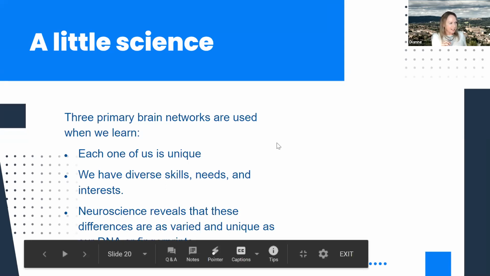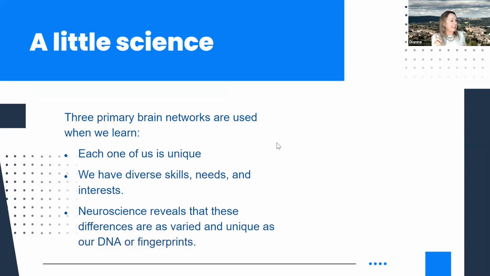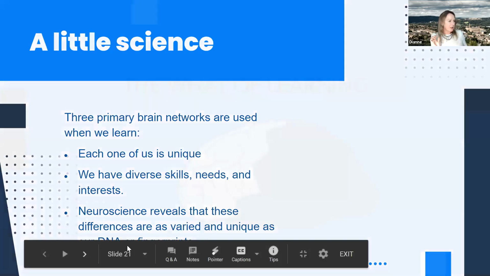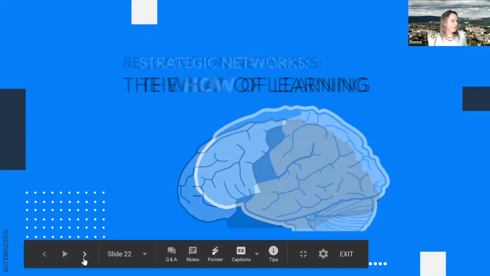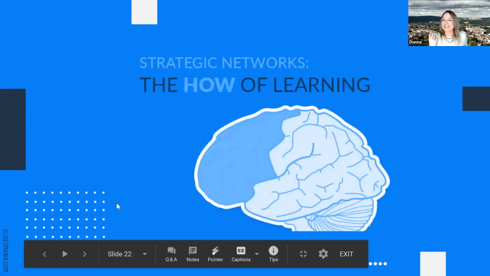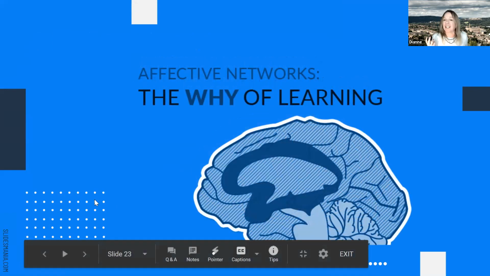Neuroscience reveals that these differences are as varied and unique as DNA or our fingerprints. So we have the recognition network, which is the what of learning. We have the strategic network, which is the how of learning. And we have the affective network, which is the why of learning. Universal design for learning works in these three different areas.